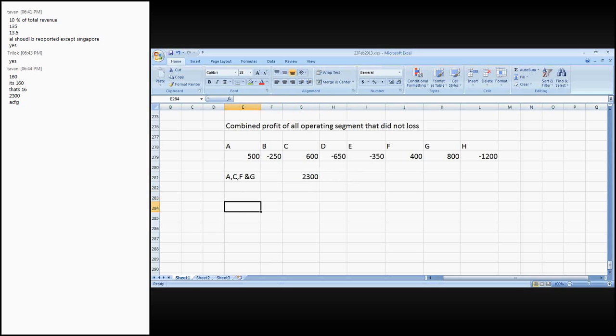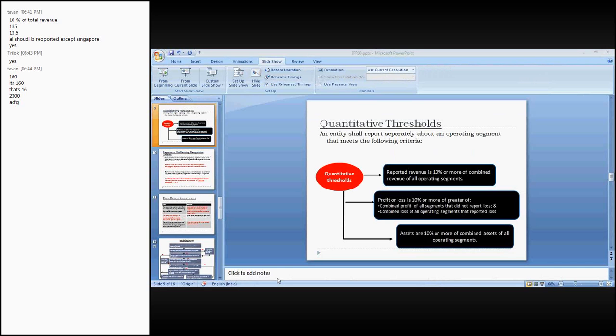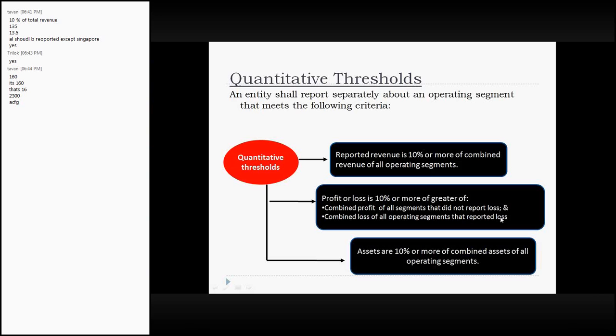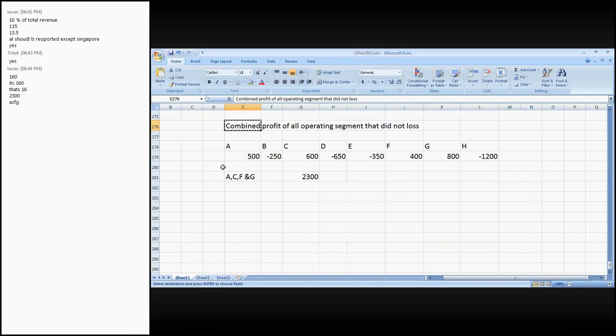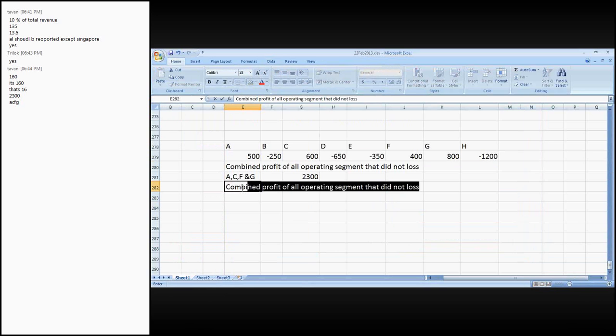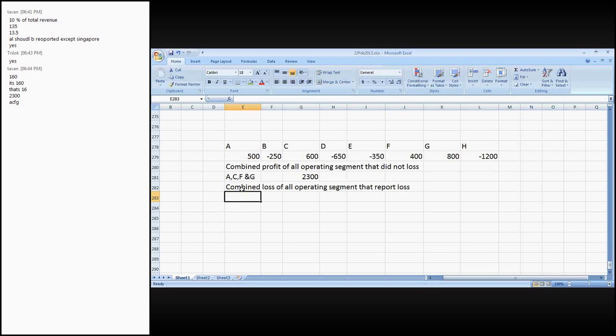What is the second line? Just have a look at the second line. Combined loss of all operating segments that reported loss. Combined loss of all operating segments that reported loss.